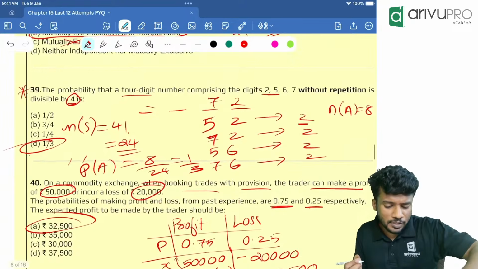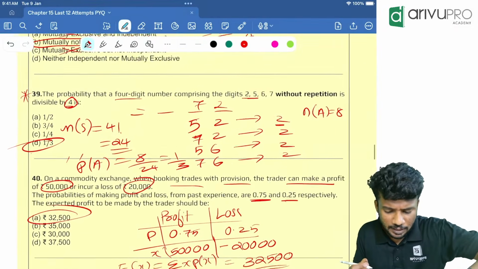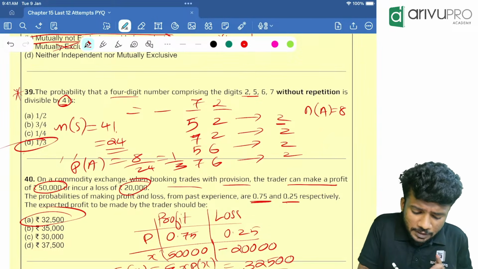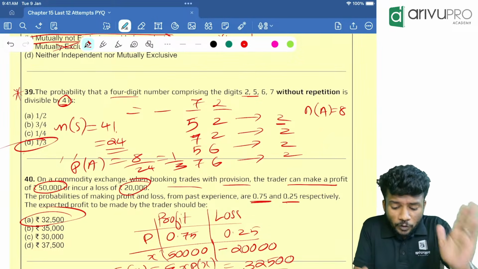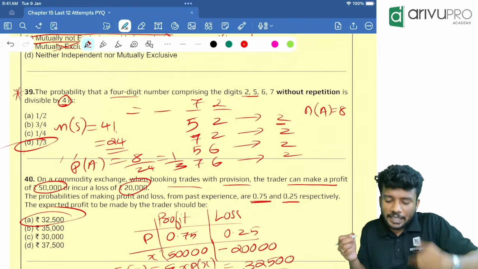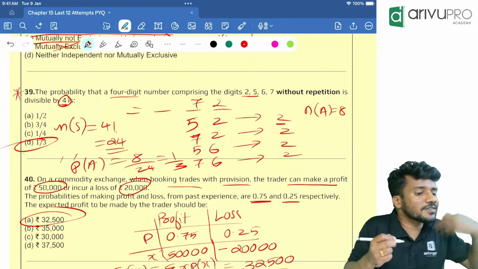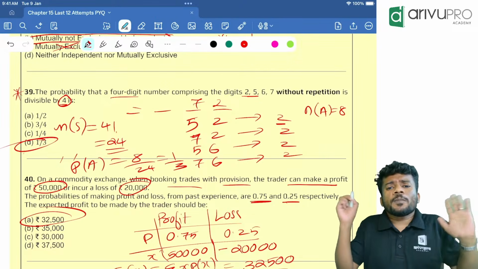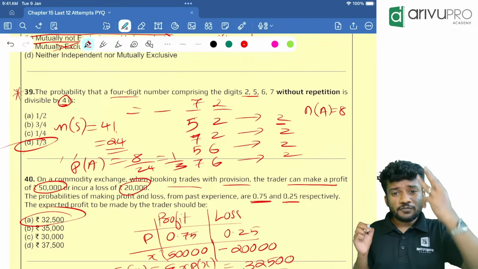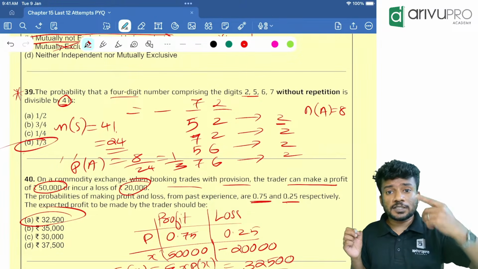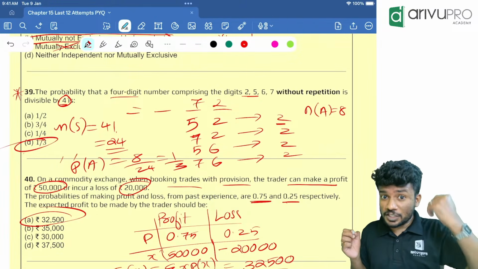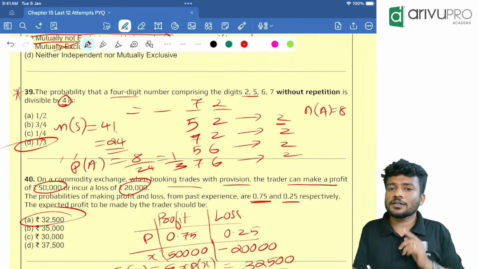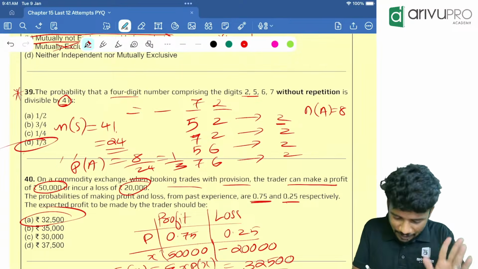Okay, in the previous question, some people were asking for repetition. I'll tell you. Now, people, how many ways? The question is: what is the probability that a 4-digit number comprising 2, 5, 6, 7 without repetition is divisible by 4? Now, how many numbers can be formed using 4 digits? 4 factorial ways, and the answer is 24.